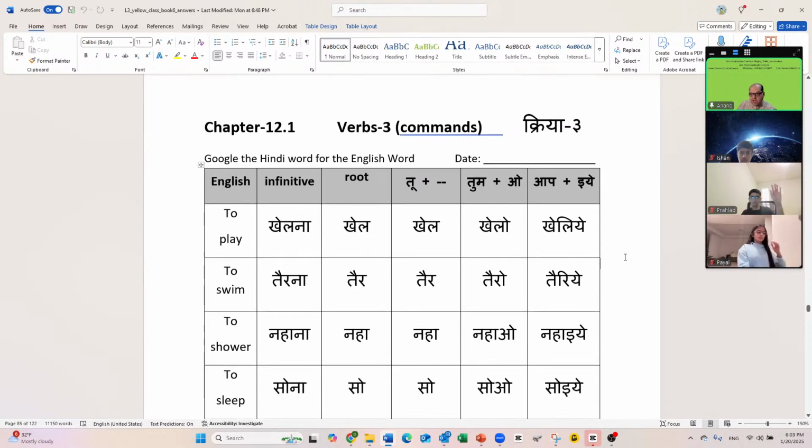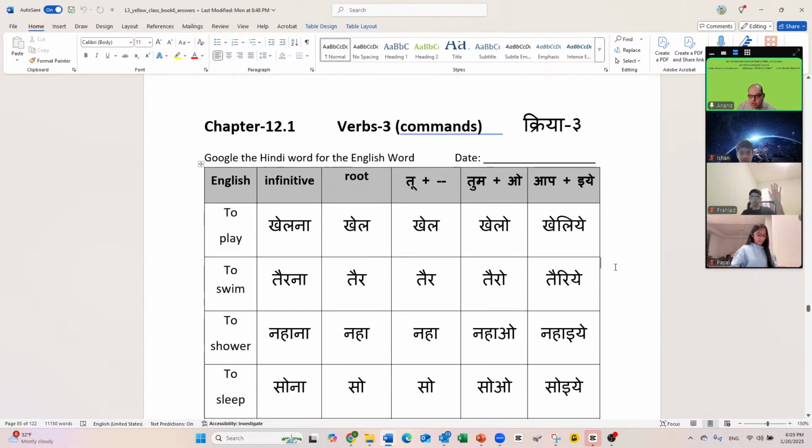What we were doing last time was how to conjugate Hindi verbs when you are commanding somebody or giving somebody an instruction. For example, the Hindi word to play is khelna. The root of the word is khelna; we take off the na and we are left with only khel. So khel is the root verb. Now there are three formats of you in Hindi: tu, tum, and aap.